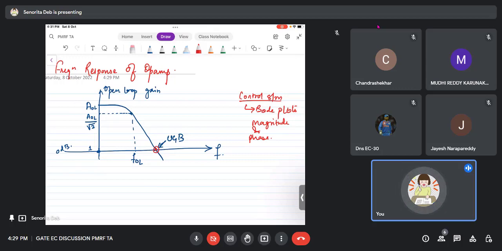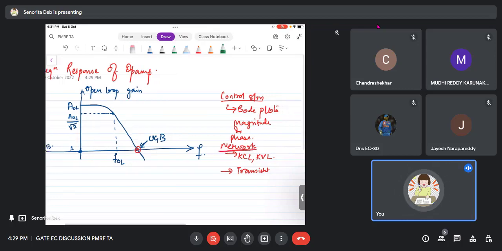And also, as I always say, KCL, KVL and transient analysis. This comes in networks, so you should do these topics first if you want to appear for GATE. These are the topics you should complete first: network analysis, signals and control systems.